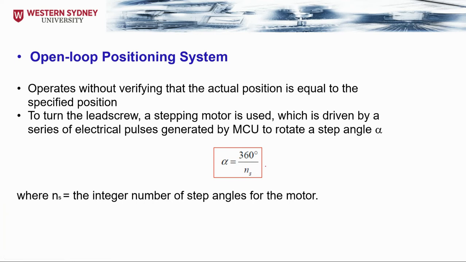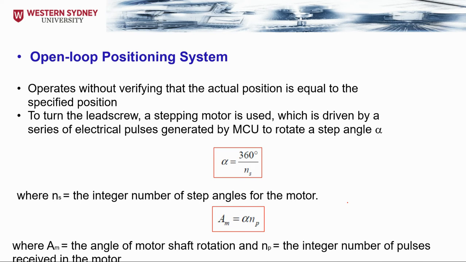Alpha is equal to 360 degrees divided by ns, where ns is the number of steps we have for the motor. The angle of the motor shaft rotation is a function of the number of pulses we send to the motor and the alpha value. So Am is equal to alpha multiplied by Np.